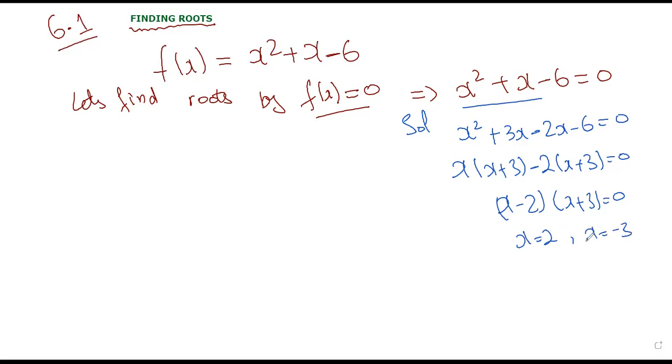Okay. Now, basically, we know how to find roots. But here we are not going to talk about finding roots. In fact, we will just look at a method which will tell you whether there would be a root between two x values or not.